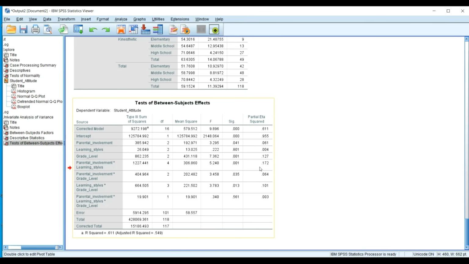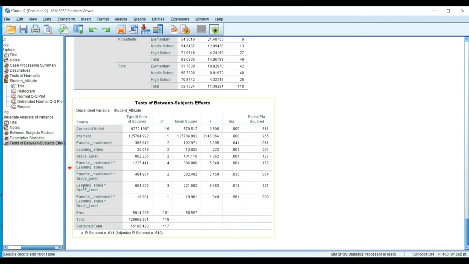And then you can see the partial eta squared 0.06. You can also see the partial eta squared here. That is like the effect size, which is 0.127. That's about 12.7%. Contribution here is about 17.2% if you want to put it into percentage.